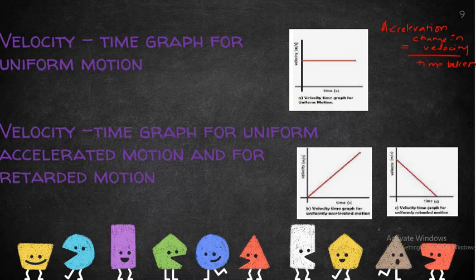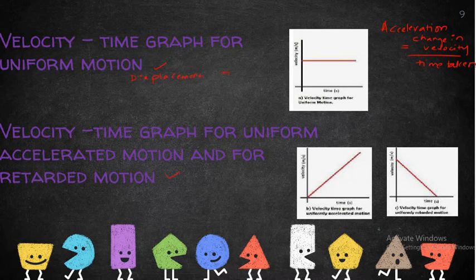Now we will discuss different cases one by one. First, the velocity time graph for uniform motion. How will the velocity time graph look for uniform motion? As we know, uniform motion is nothing but the object covering equal distances in equal intervals of time.